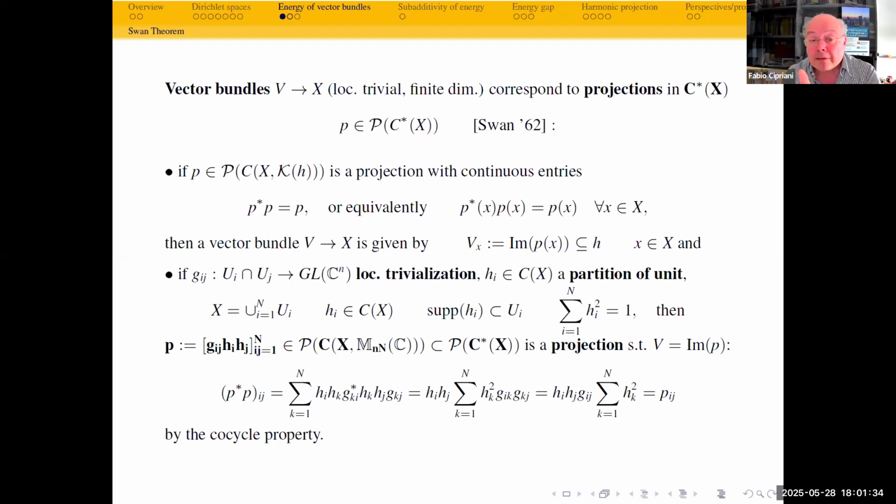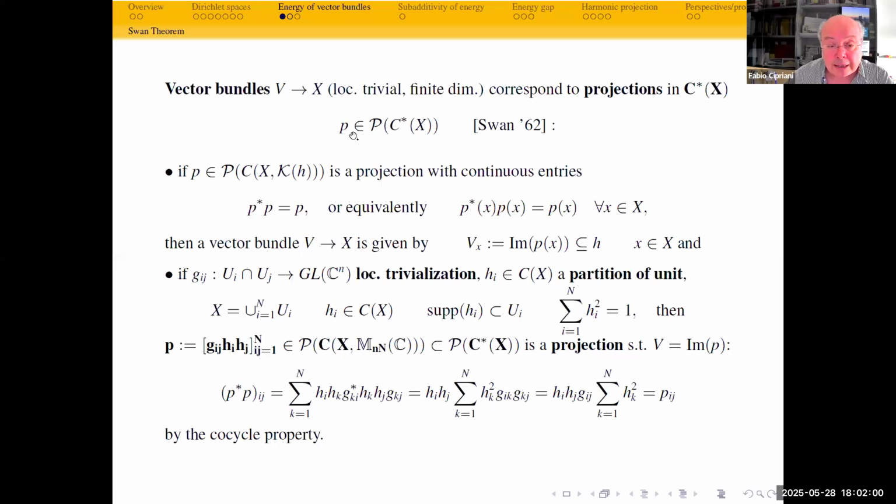And vector bundles can be described by projections in the stabilized C-star algebra C-star of X. This is essentially contained in a paper of Swan, coming from also a paper of Serre, which was concerned with algebraic geometry, essentially.